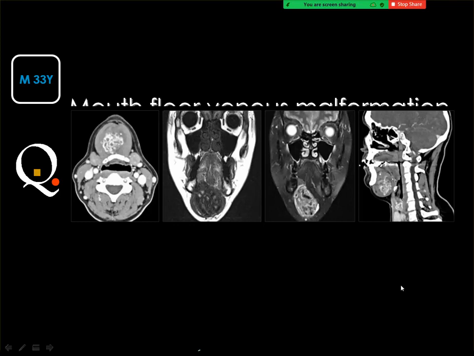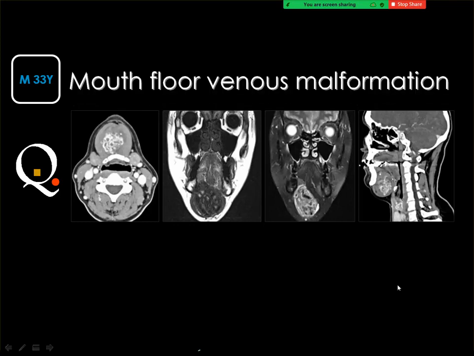Then you should think of a venous malformation once again, because of the enhancement. Dermoid cyst does not enhance with contrast. But I think you may think of dermoid because of these shadows, which may look like the sack of marble, but these lesions may represent calcification.